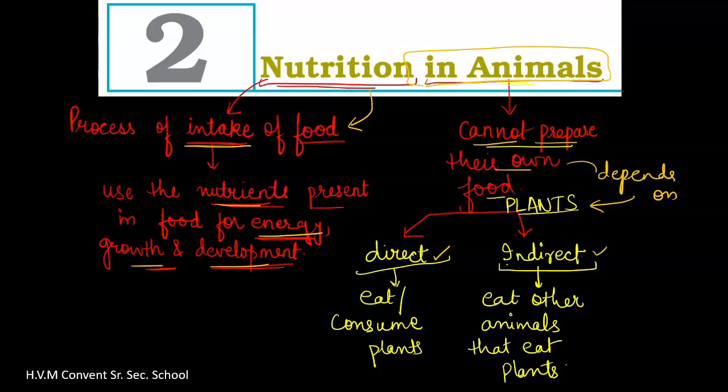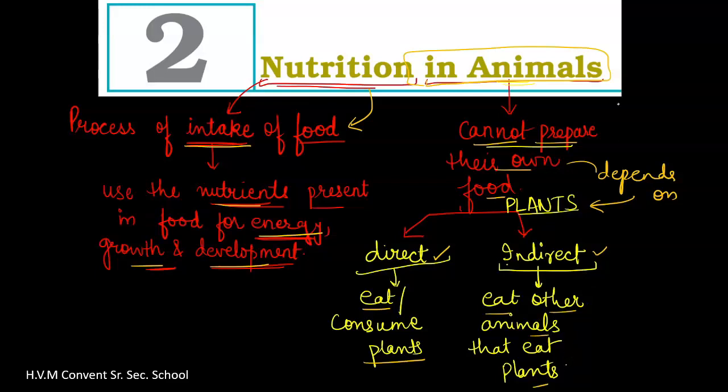What does this mean? In the direct way, the animals eat or consume plants directly. In the indirect way, they use the plants as their source of food by eating other animals that eat plants.